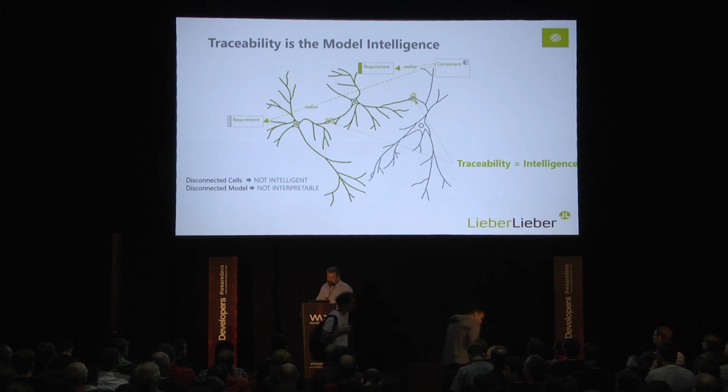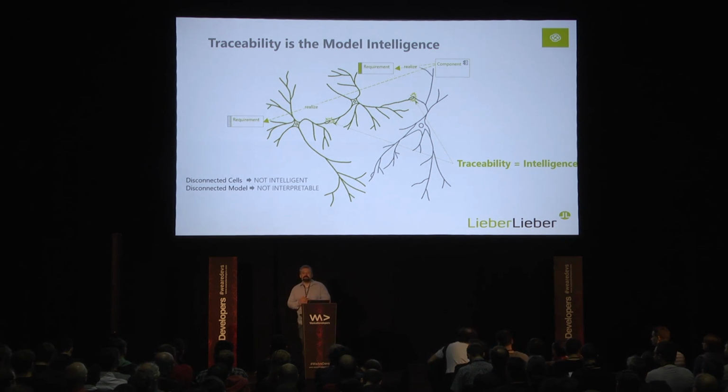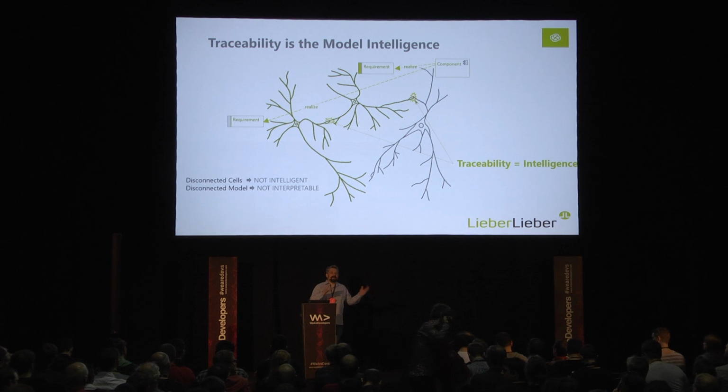Because this is one of the biggest failures we see when people try to start model-based software development or systems development is that they don't make sure that they really derive artifacts from the model that are critical for the definition of done.